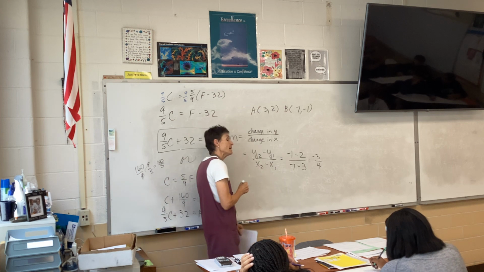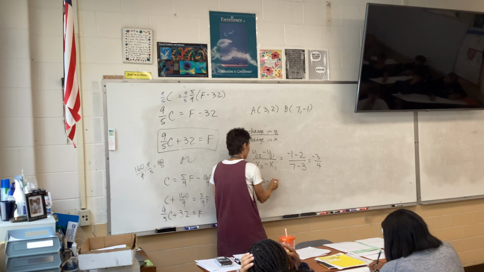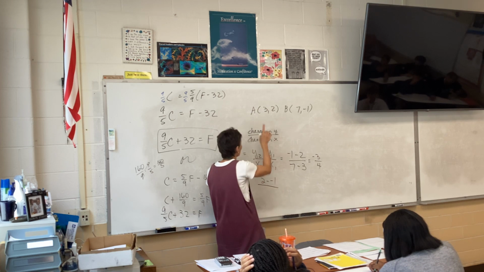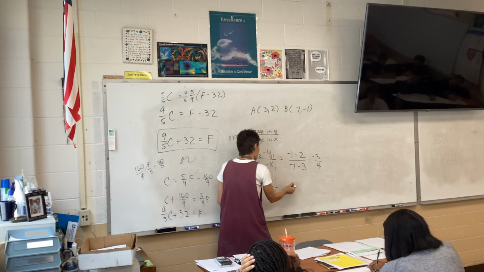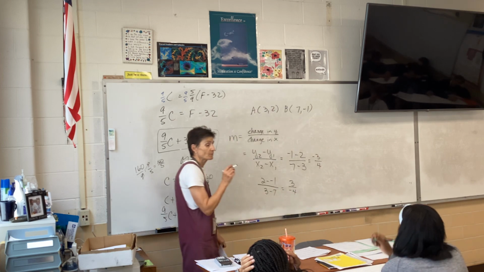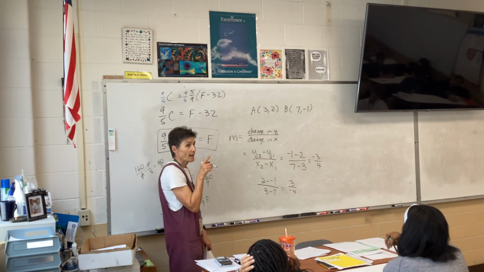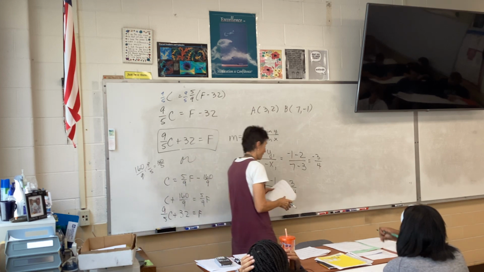You could, and if you did, Charlie, it would be 2 minus -1 over 3 minus 7, and that would be 3 over -4, which is exactly the same as -3/4. Got it, folks? All right, let's do the next one on your own.